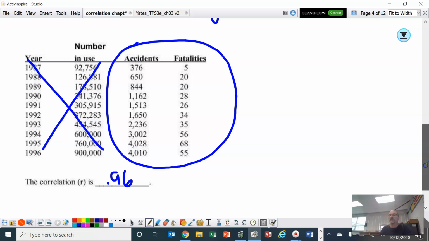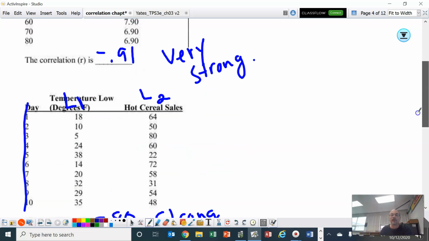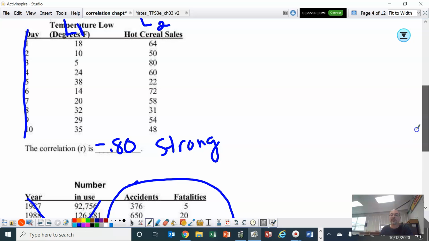Let's go back to these other ones. So this one here, the first one, you notice it's negative, so I know the dots are falling. This one, the same thing, the dots are falling. Think about it. The warmer it gets outside, as the temperature increases, the hot cereal sales will decrease. Negative, dots are falling.